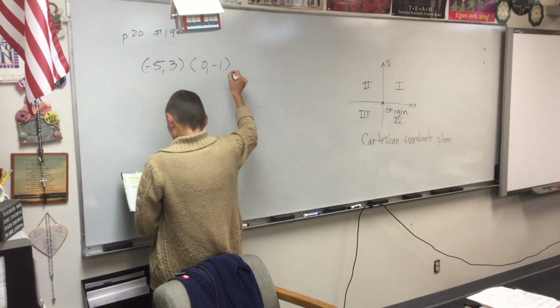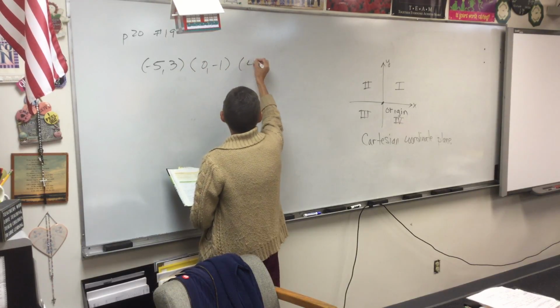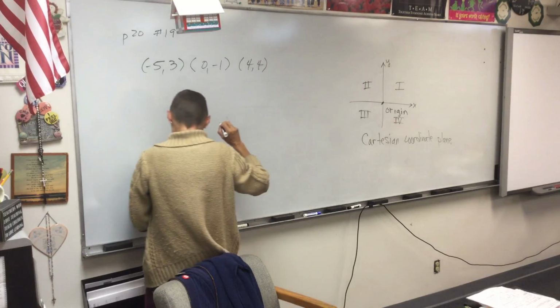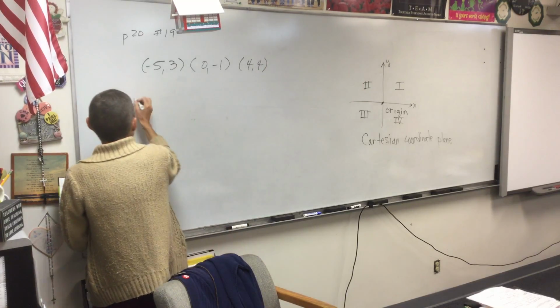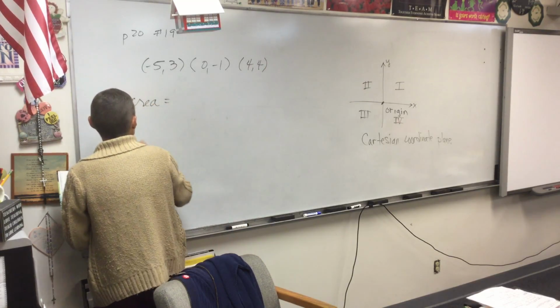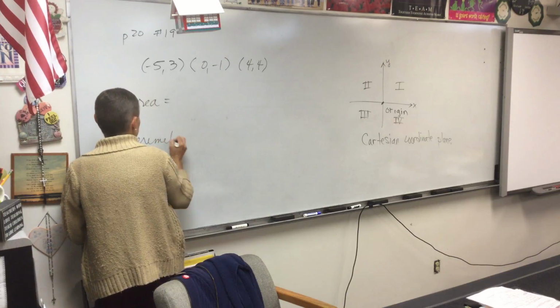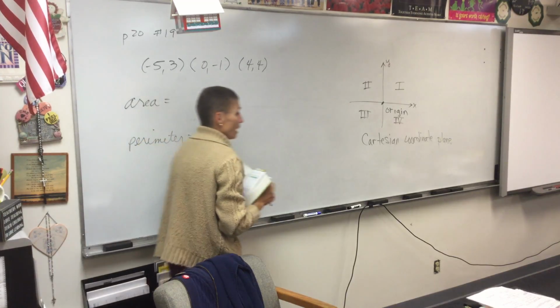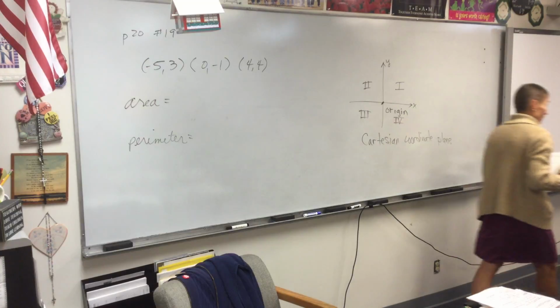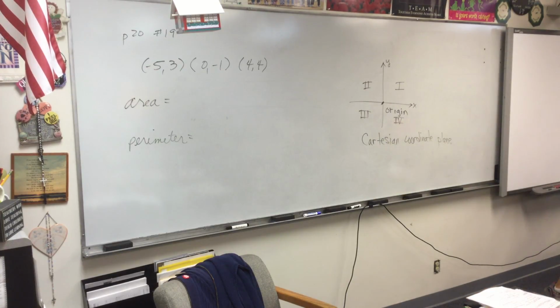This is page 20, number 19. I have 3 points, and my job is to find the area and the perimeter of the figure formed when I join those 3 points.